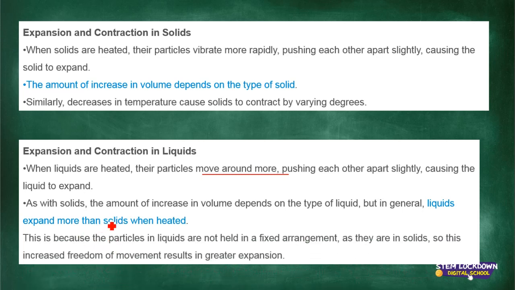This is because the particles in a liquid are not fixed, which means they are not in a definite arrangement. So there is more movement, and this allows for greater expansion in a liquid.